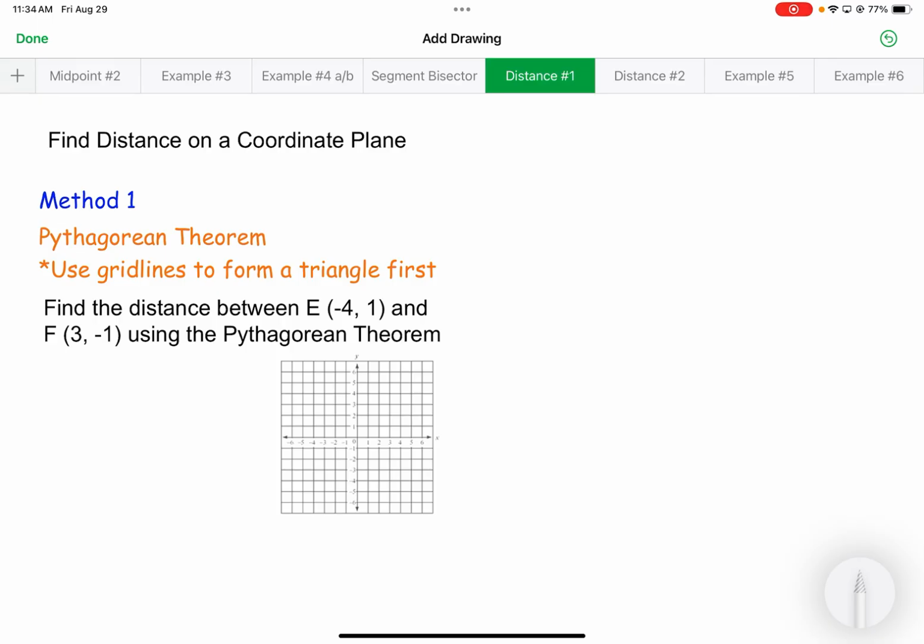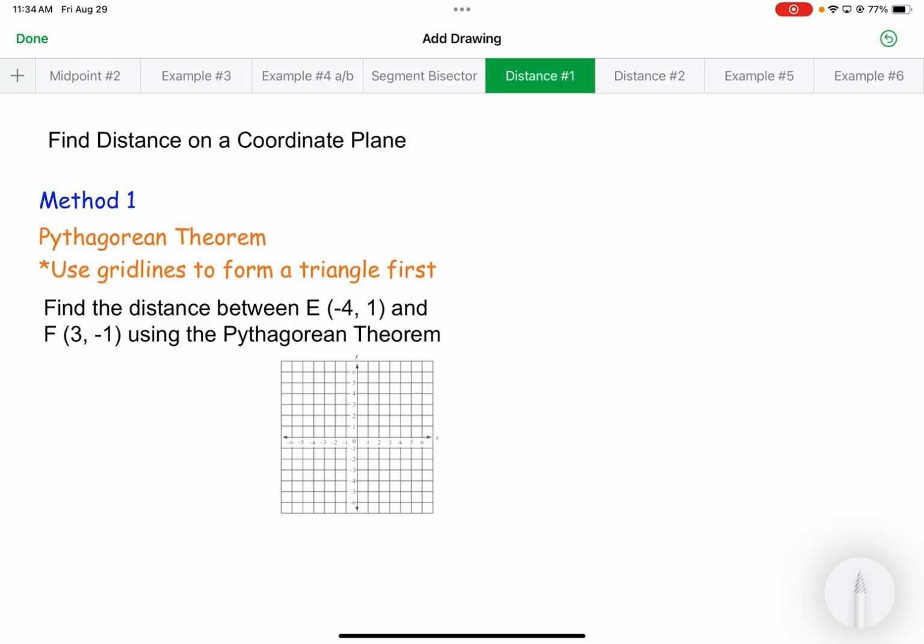So what does Pythagorean theorem do? What does it relate? The hypotenuse relates to the other sides, right? So when you do Pythagorean theorem, you're relating the side lengths to each other. And you usually use the letters A, B, and C, right?